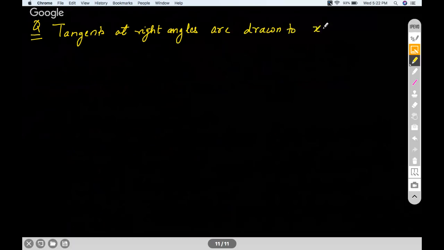So let us take a question on the director circle. Tangents at right angles are drawn to the ellipse x square by a square plus y square by b square equal to 1.